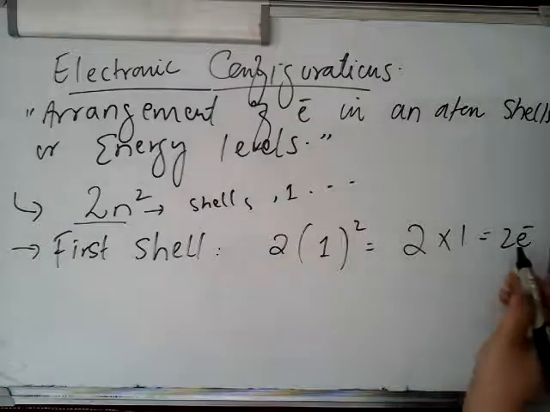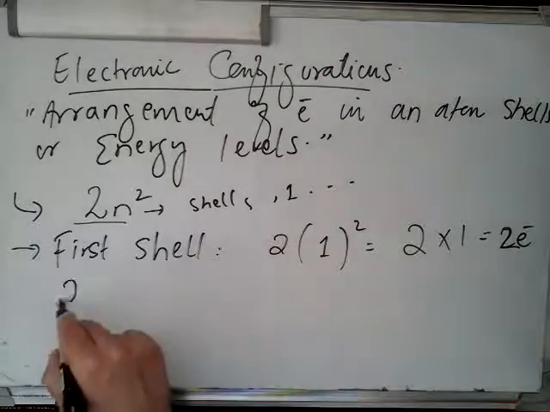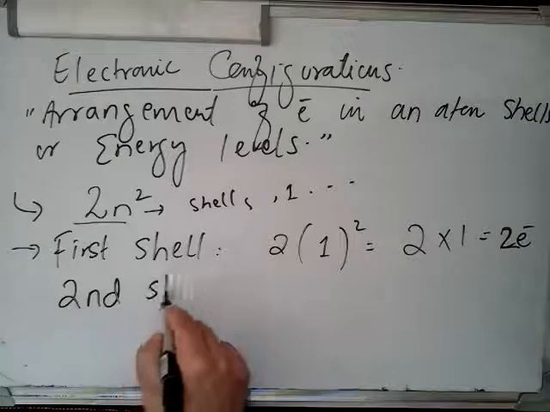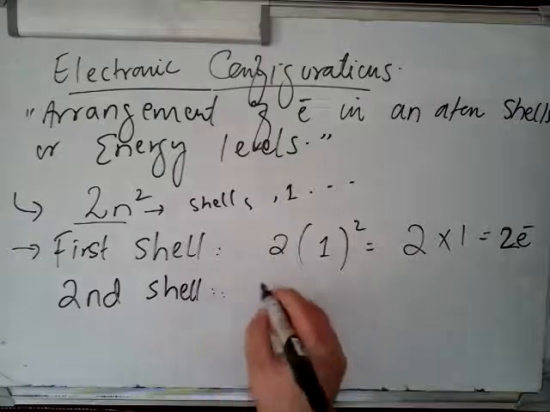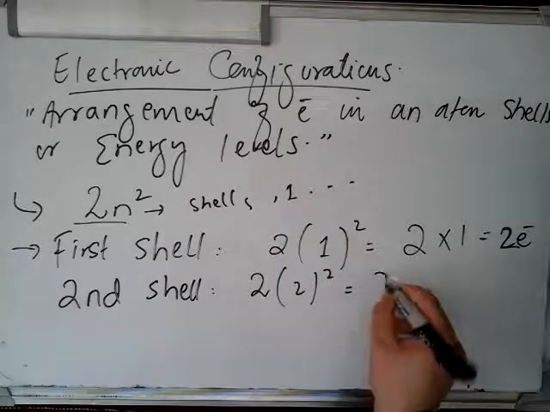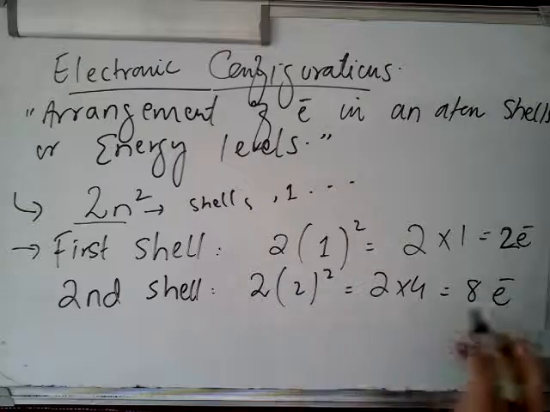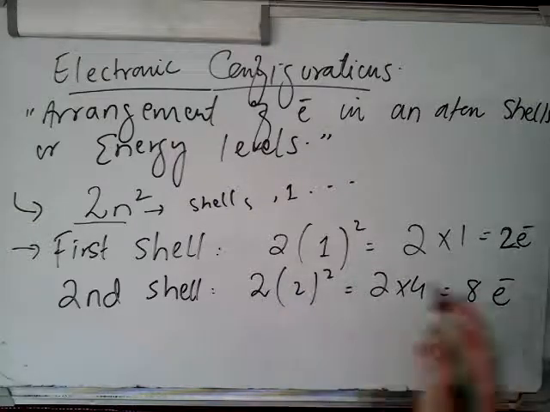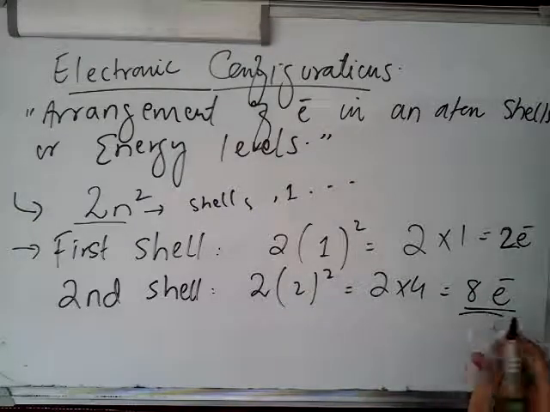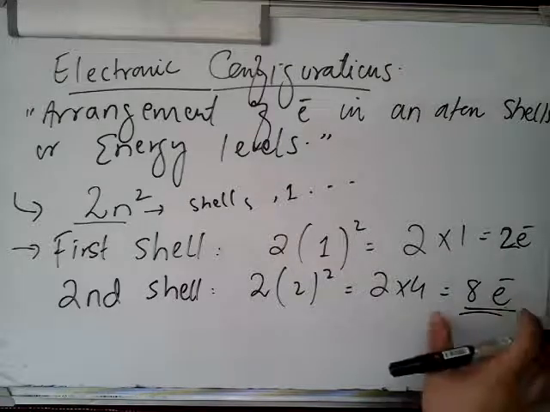So in the first shell, a maximum of 2 electrons can be accommodated. In the second shell, the maximum number of electrons is 2 into 4, which is 8 electrons. The maximum number of electrons in the second shell should be 8. Lesser than 8 is possible, but higher than 8 is not possible.